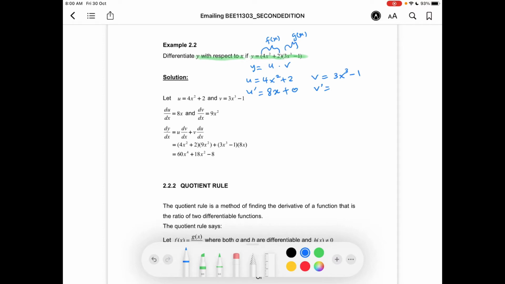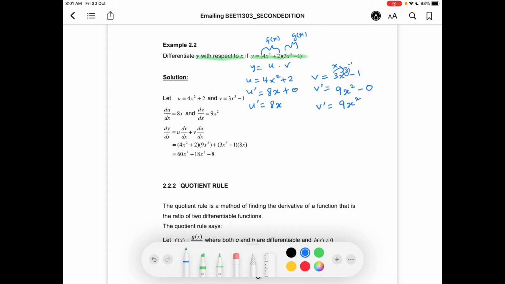Then we proceed to v prime: 3 times 3 is 9x, and the power decreases by 1, so 3 minus 1 is 2. And minus 1, if you differentiate it, you get 0. So basically u prime is 8x and v prime is 9x squared.